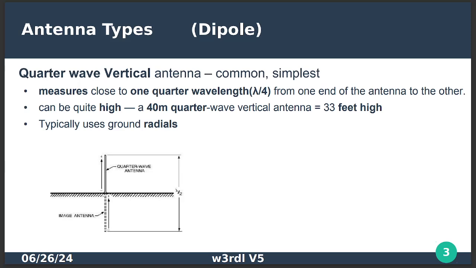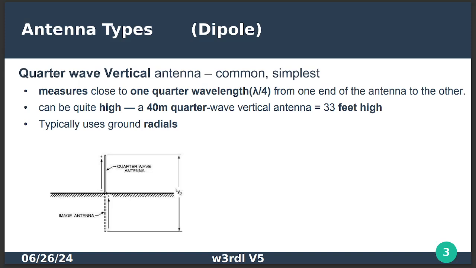Okay, so antenna types. A dipole antenna is probably the most common and the simplest form of antenna that there is.